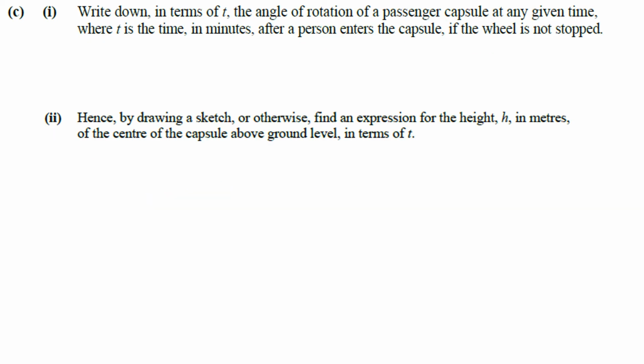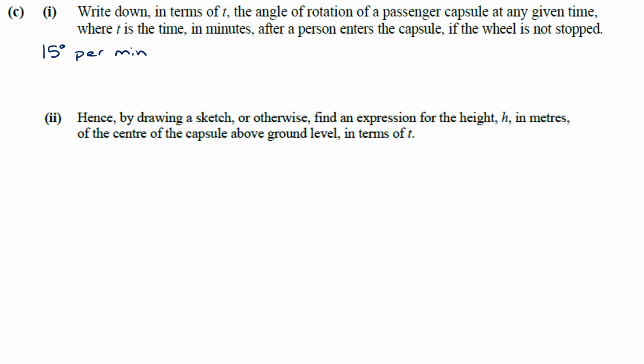So part C then says, write down in terms of t the angle of rotation of a passenger capsule at any time, where t is the time in minutes after a person enters the capsule, if the wheel is not stopped. So this is where it's useful, if we hadn't done it the last time, to say that again, we're moving 15 degrees per minute. t is time in minutes.